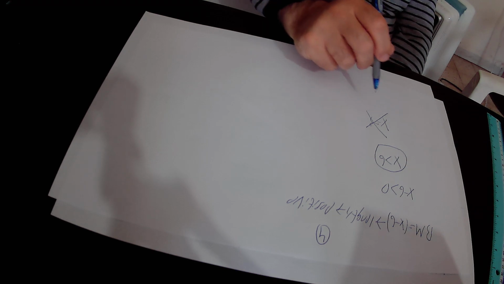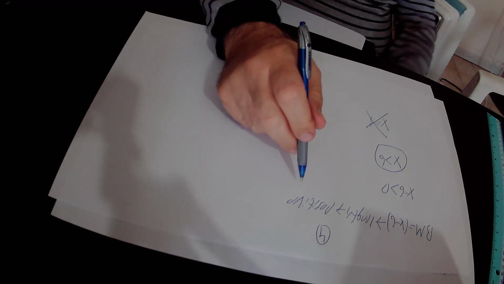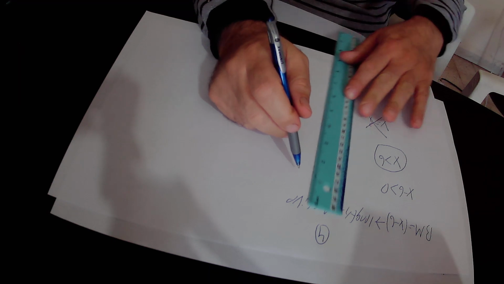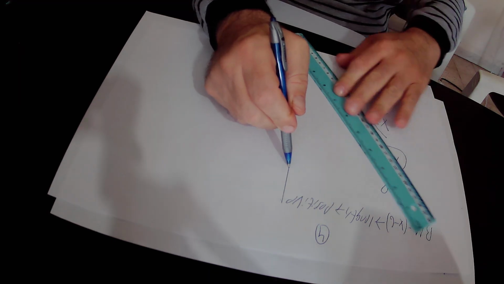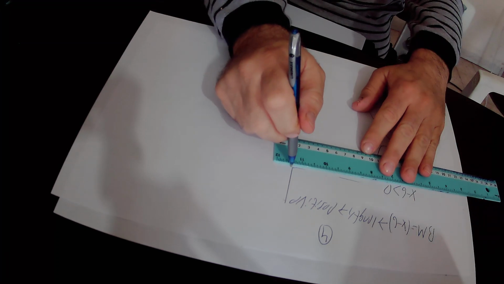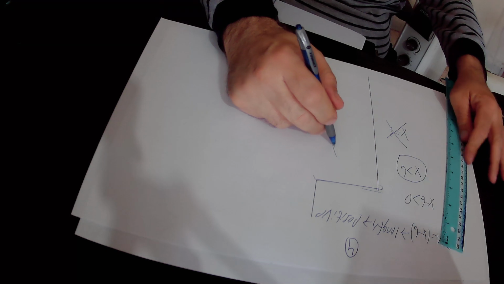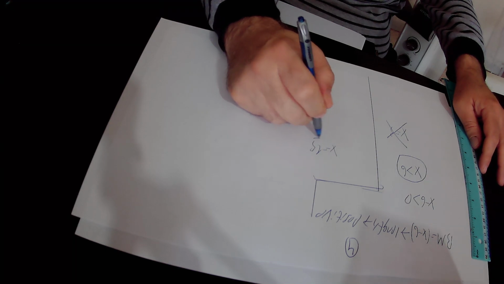Therefore, we are left only with the first solution that is possible for x. That is to say, x equals 15 units in length.